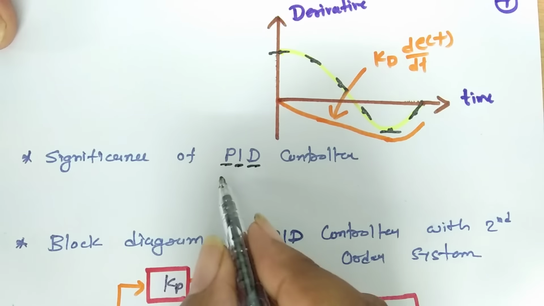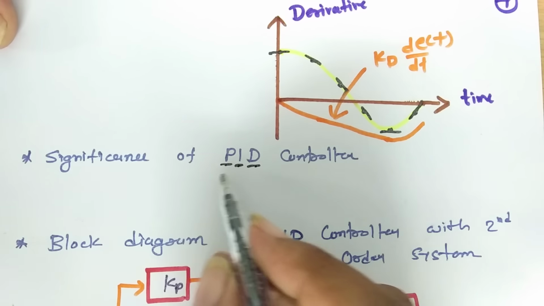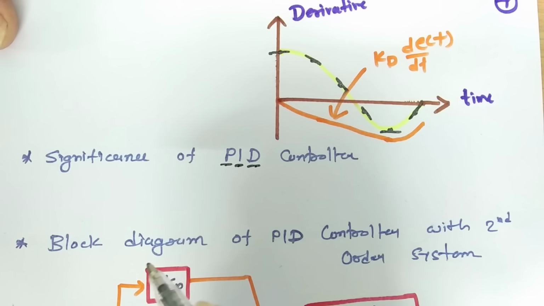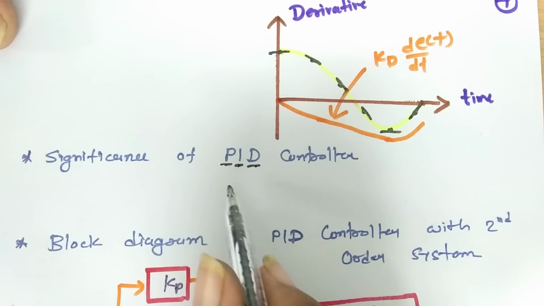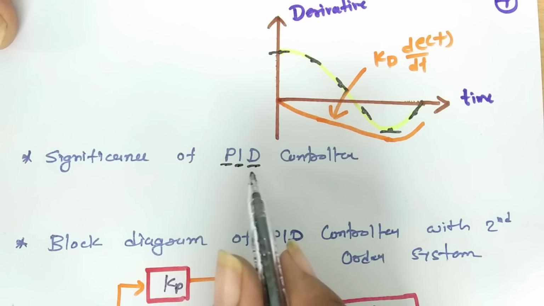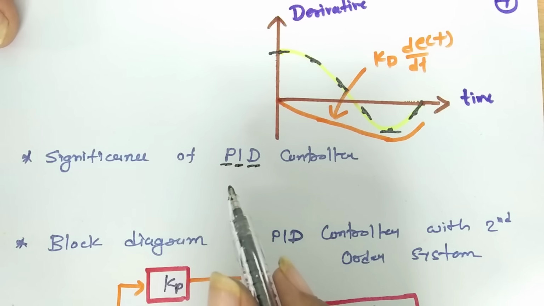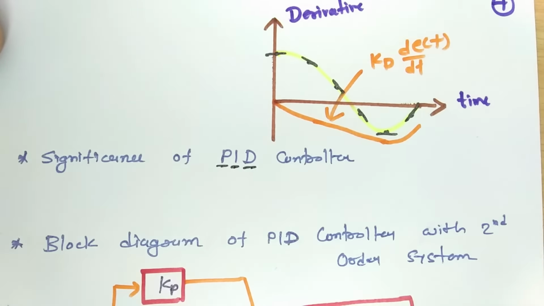To understand it, I have already placed 3 videos on proportional, integral and derivative. You can watch a few of my last videos, where you will get the significance of PID, proportional, integral and derivative. So I am skipping it right now, because I have already discussed it in the last few sessions.